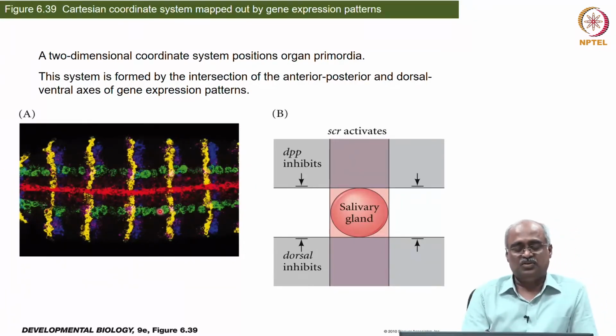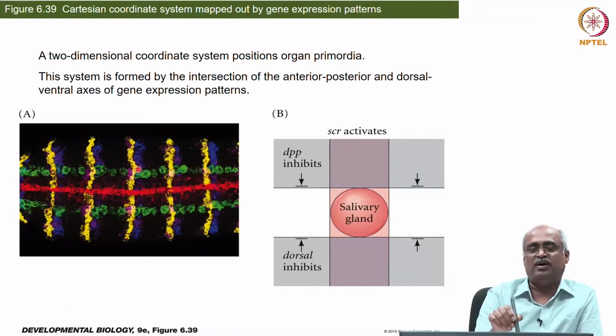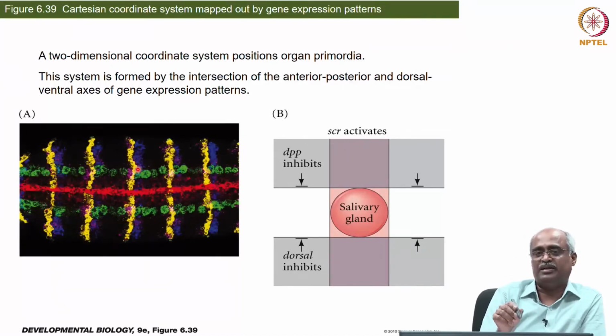So based on this asymmetric expression of these proteins, we can actually pinpoint a position, like in a map, if you give the longitude and the latitude for a particular point on earth, only that point will have that particular longitude and latitude.